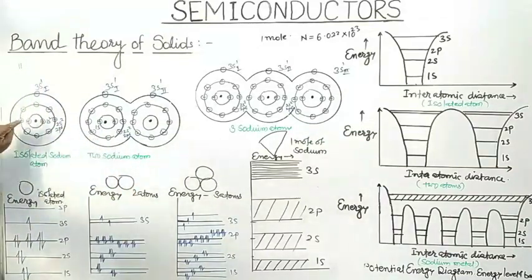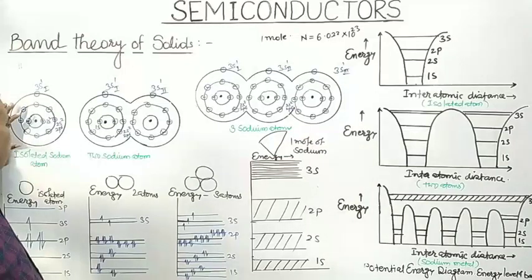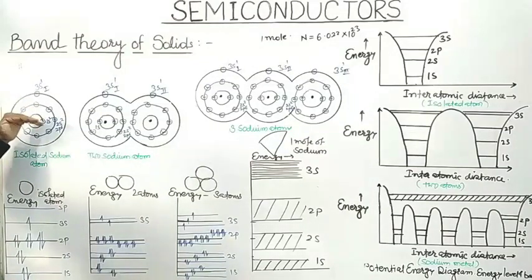What does an isolated sodium atom consist of? It consists of a centrally situated massive region called the nucleus, consisting of protons and what? Neutrons. 11 protons are here, and surrounding that nucleus, electrons, which are negatively charged particles, are revolving in different circular orbits.